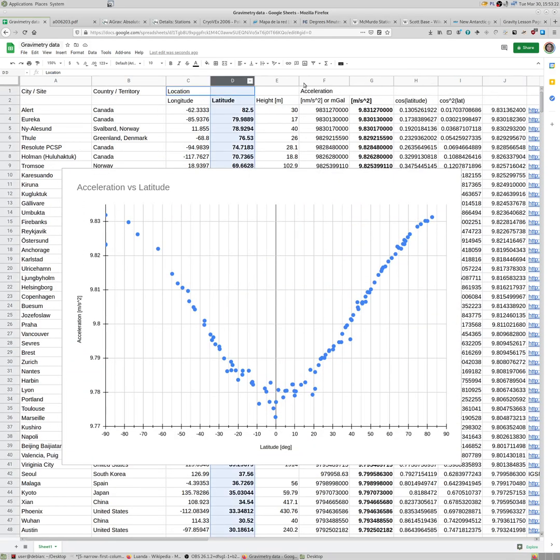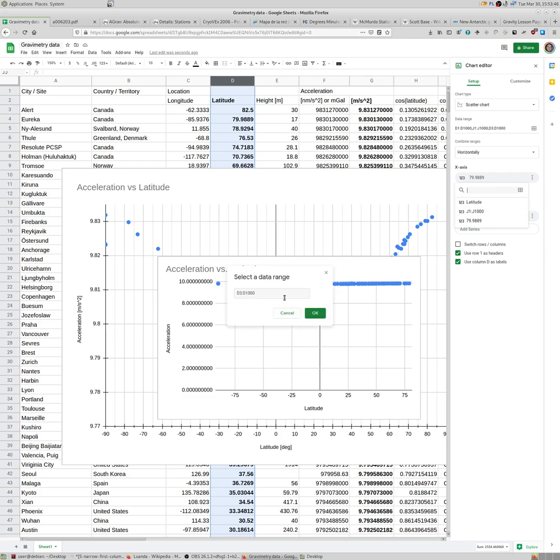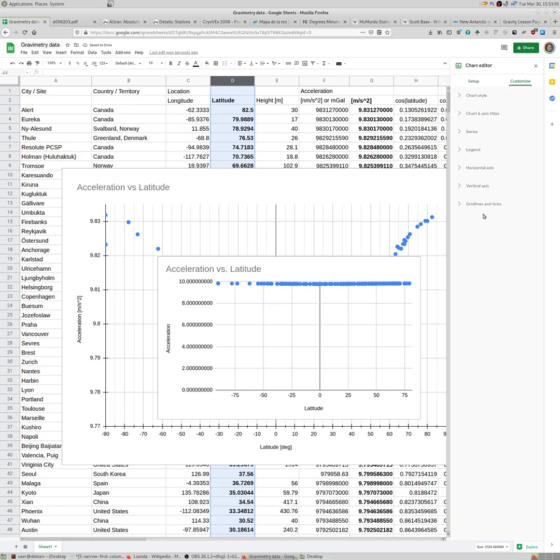And now we need to do latitude versus this corrected value. We'll take from D3 to J3, and we'll customize it.